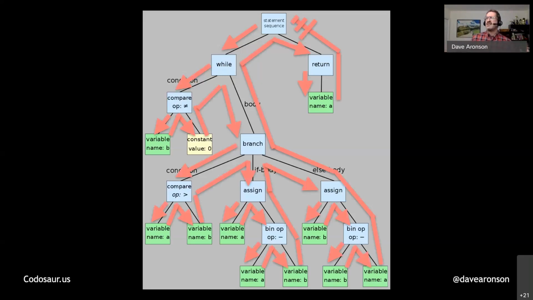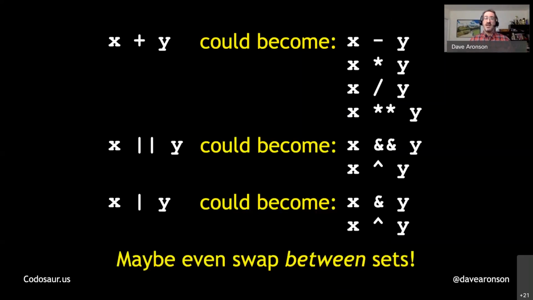Now, I've been talking a lot about mutating things and changing them. So what kind of changes are we talking about? There are quite a lot. You could change a mathematical, logical, or bitwise operator from one to another. In languages and situations where we can do so, it could even substitute an operator from a different category. For instance, in many languages, we can treat anything as Booleans.